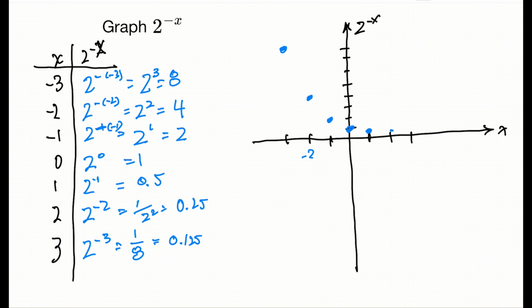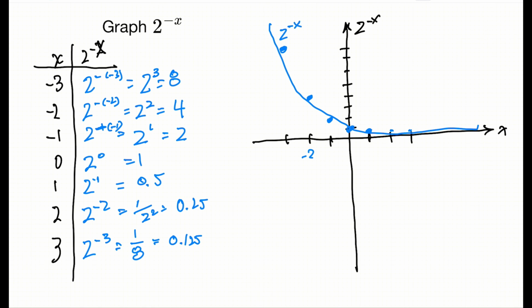And at 3, we get 0.125. So here's what our line is going to look like now. On the negative x-axis, it's going to continue to grow in a positive fashion. And on the positive x-axis, it's going to go to 0 asymptotically. So that's going to be our graph of 2 to the minus x.